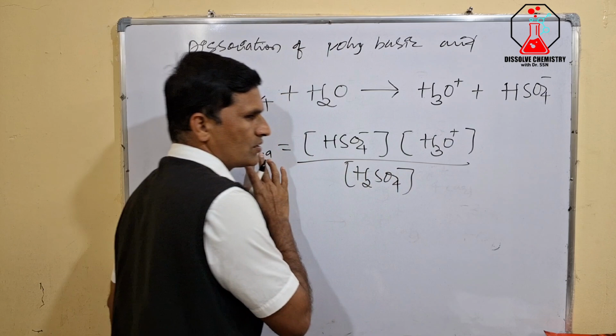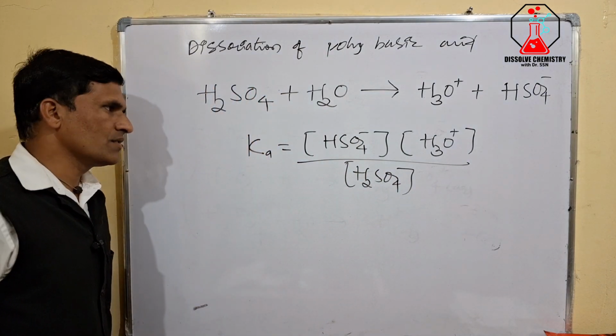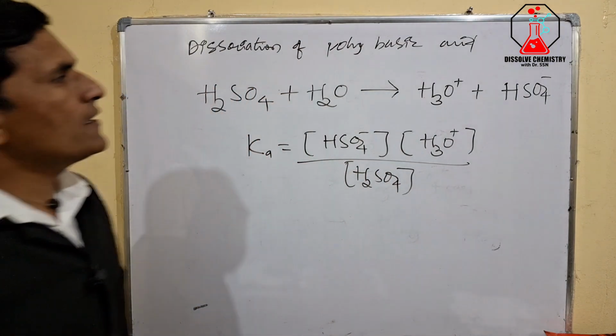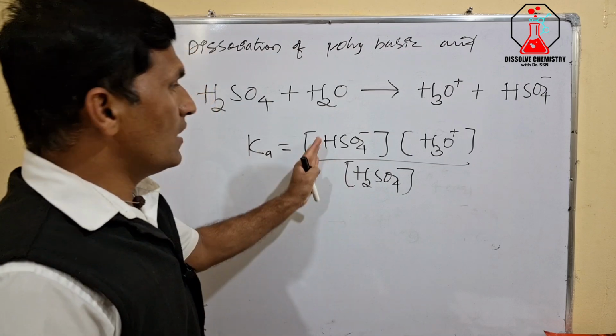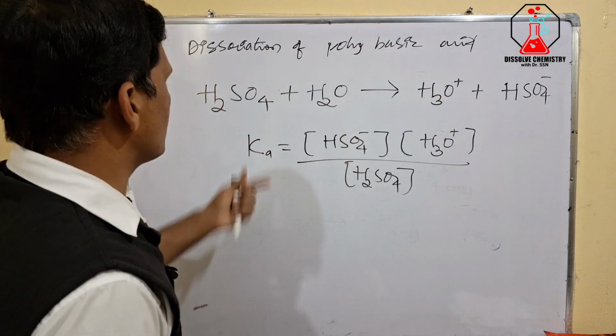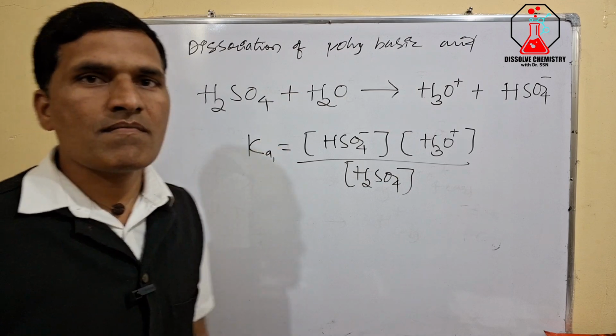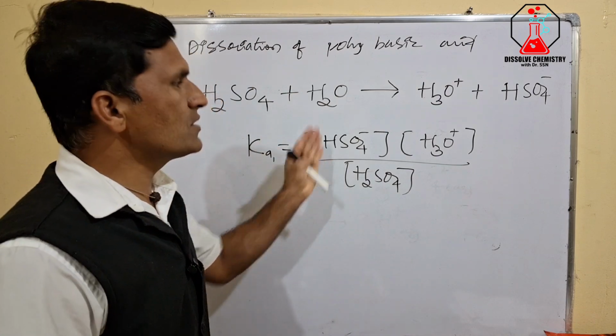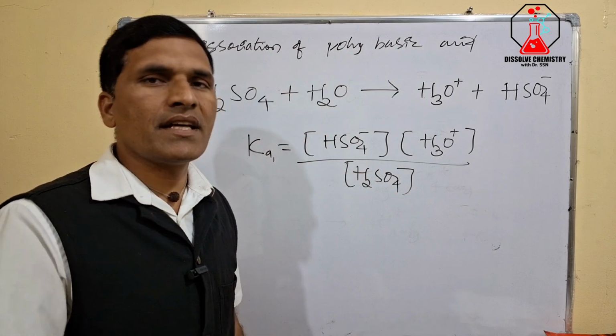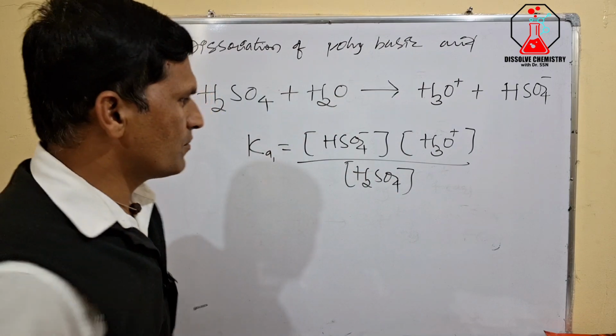Water is constant, so it is included in this. Already it has dissociated, and this we call dissociation constant 1, because the first proton has been given, and it still has the capacity to donate another proton.